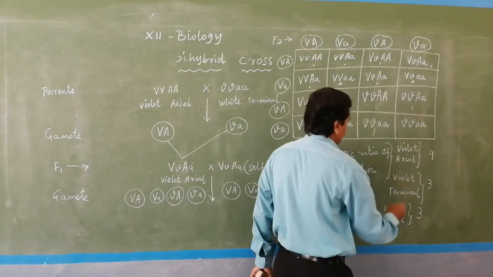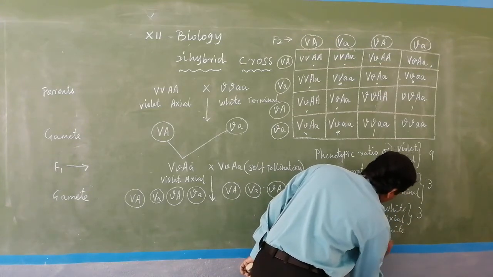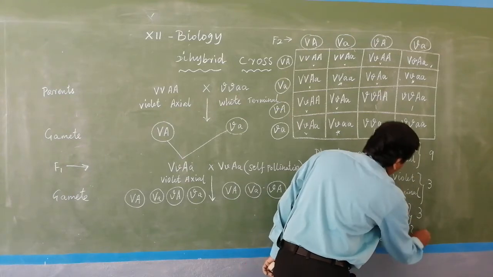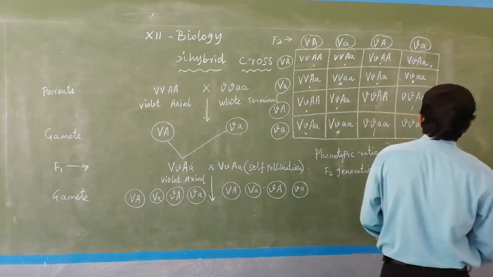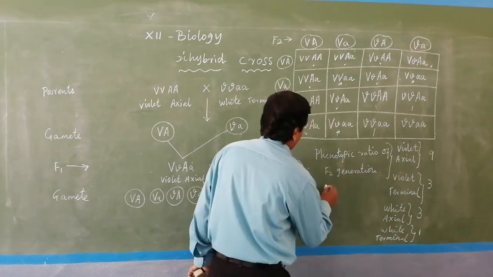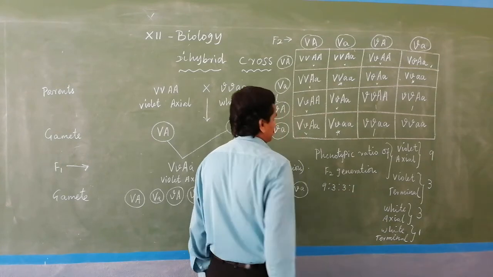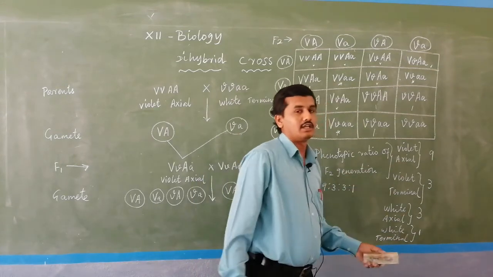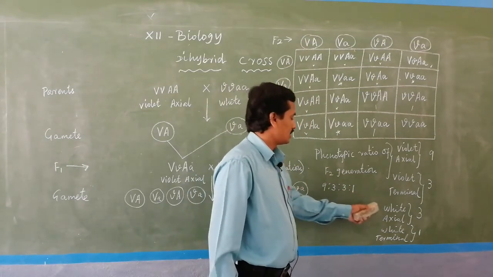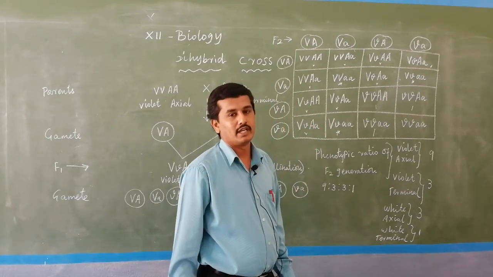The last one is white terminal. White terminal only 1. So phenotypic ratio is nothing but 9:3:3:1. 9 plants are violet axial and 3 plants are violet terminal and 3 plants are white axial and 1 plant is white terminal. Okay.